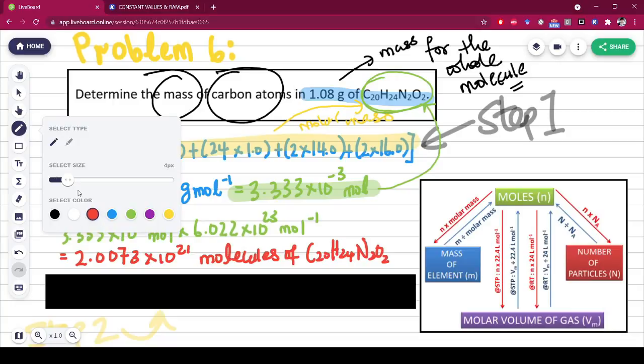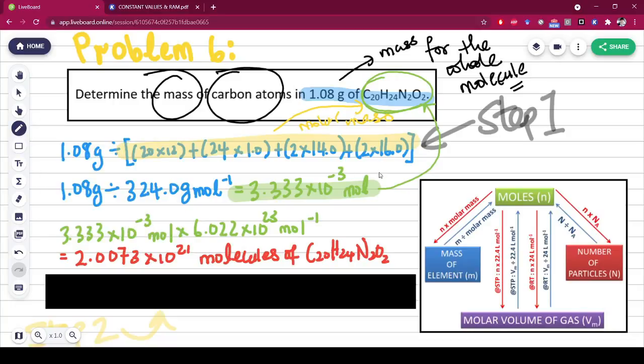So far, what we have done is you change that into mole first, you get 1 mark. You have 1 mark over here as well. And you'll get 1 mark for this step, and you get 1 mark for finding out the number of molecules.